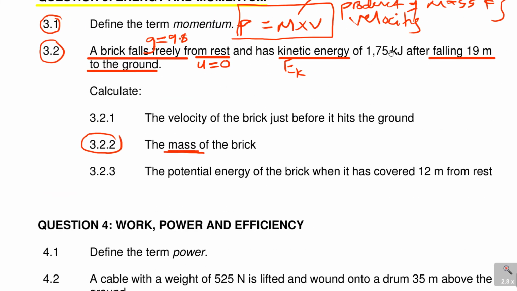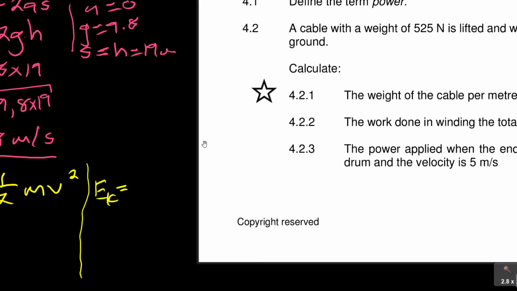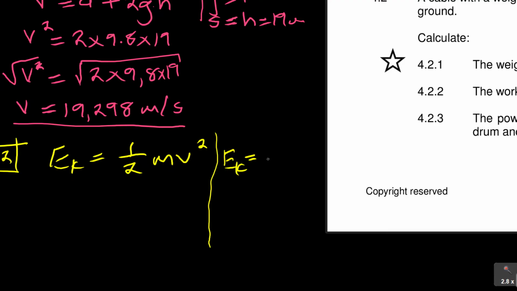Look at the unit, kilojoules, so you need to change it. So that is 1,75 times 1000, don't forget that, which is now joules. You multiply by 1000 to convert that. So okay, that is fine.